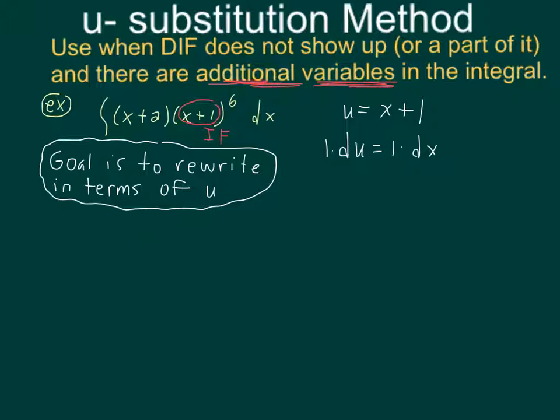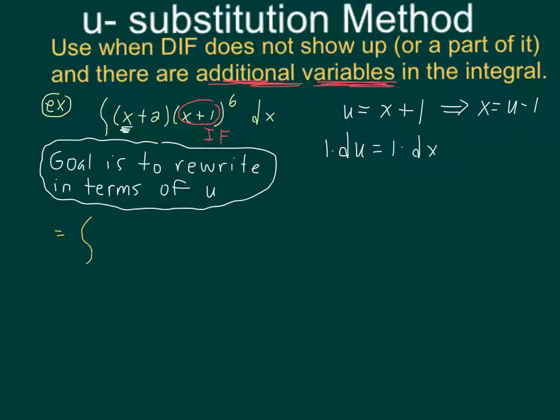And then notice that there is this additional x here that we're going to need to replace with a u somehow if we're going to meet our goal of rewriting this all in terms of u. Well, from this piece here, it's pretty easy to solve for x. We can see that x would just be u minus 1. So now let's do our substitution.